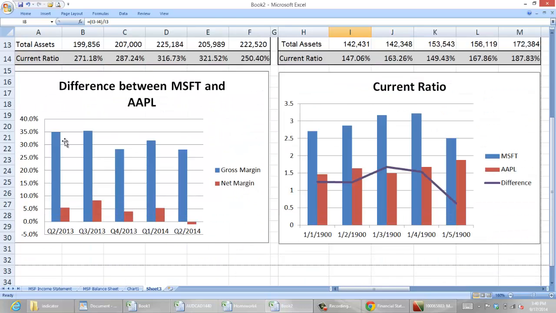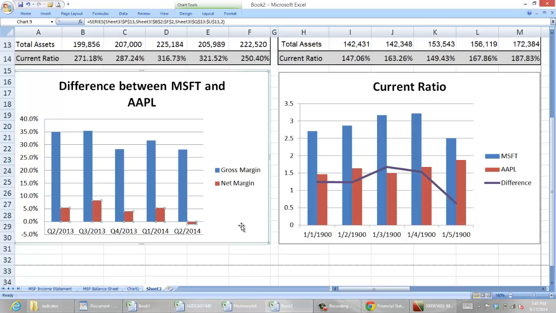And the difference, you can see here. The difference in the first 2 quarters is about 35%, and then in the next 3 quarters it is more or less 20 to 30%, right? So on gross profit margin, Microsoft does very, very impressively. However, when it comes to net profit margin, it is not that impressive anymore.